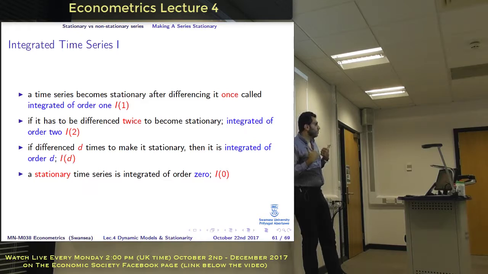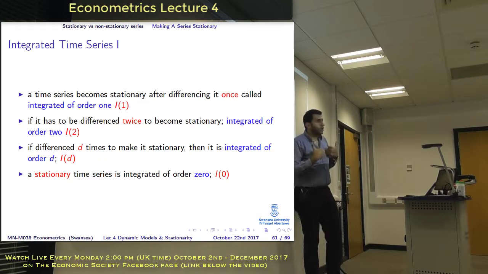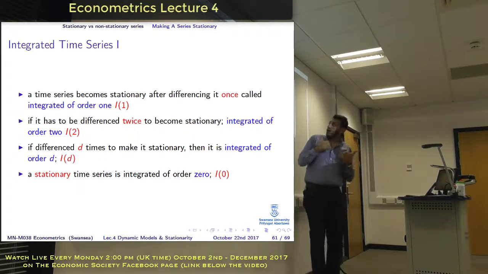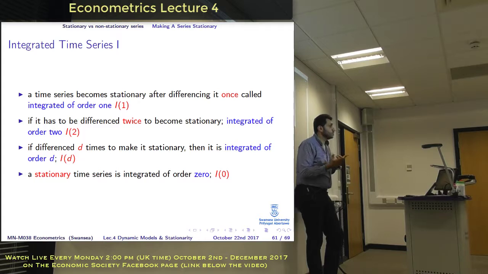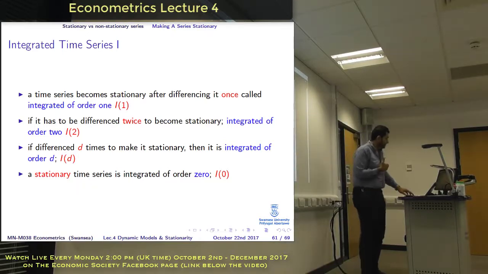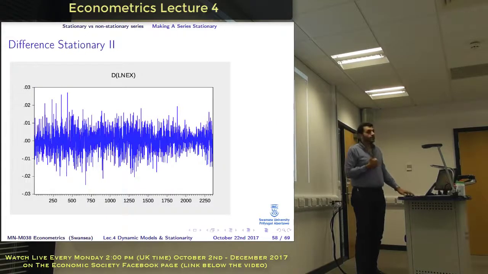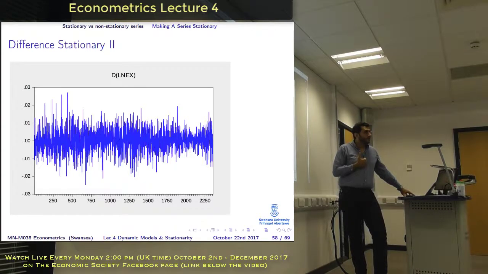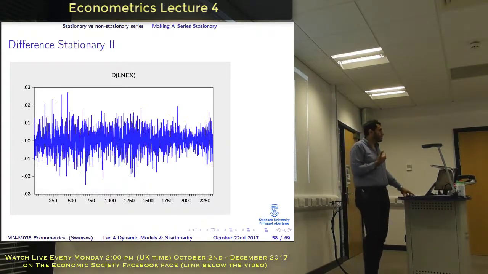So the example we had, the exchange rate series, is it integrated of order 1, 2, 0, 3, how many? The exchange rate, this one. How many times do we difference to become stationary?